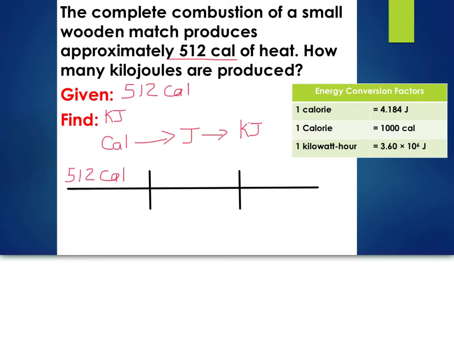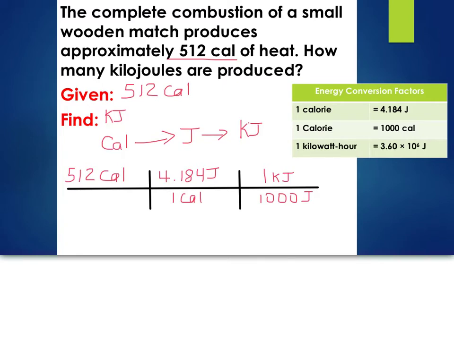We want to convert that to joules, so we know that there are 4.184 joules in 1 cal, and that's a small cal. Then we want to convert joules to kilojoules now. In 1 kilojoule we have 1,000 joules.